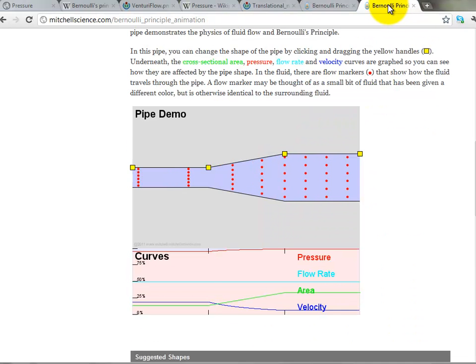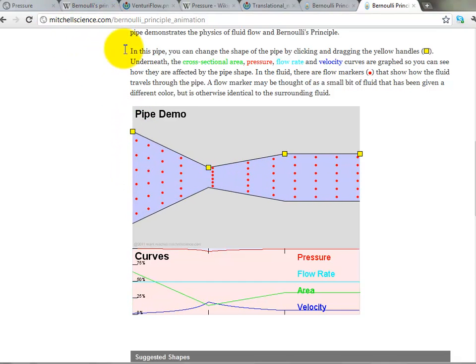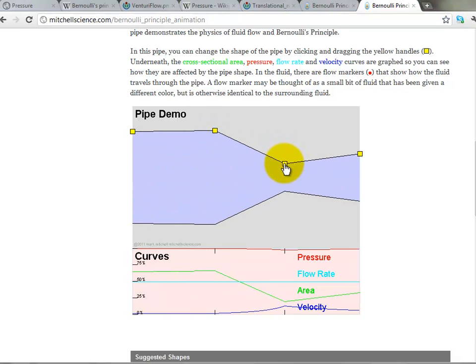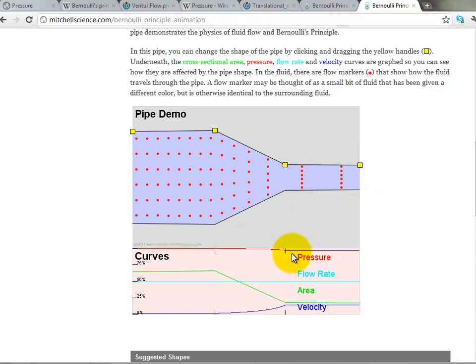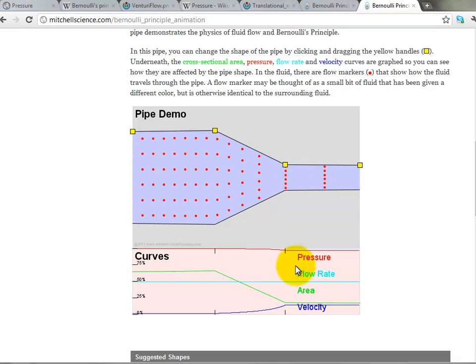So now let's look at how we generate this graph here. If you go to the website mitchellscience.com, there's a good Java animation which allows you to try different profiles and see what happens to the pressure, the flow rate, the area and the velocity.